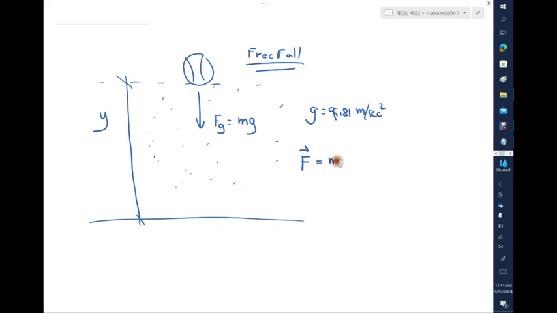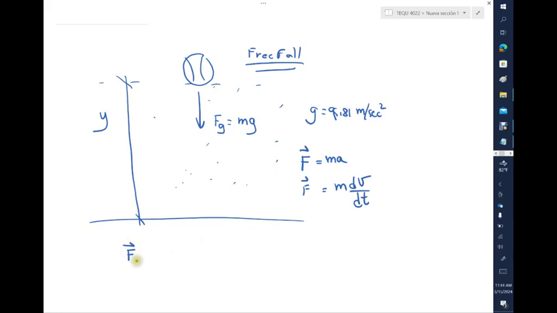the mass times acceleration. We can convert that equation to say that the net force F is equal to the mass times acceleration, and acceleration is the change of velocity by time. So you end up with this equation here.